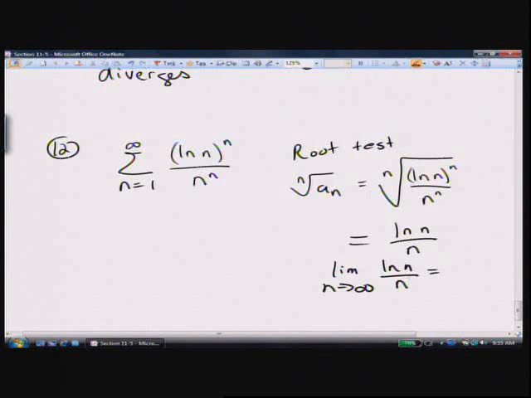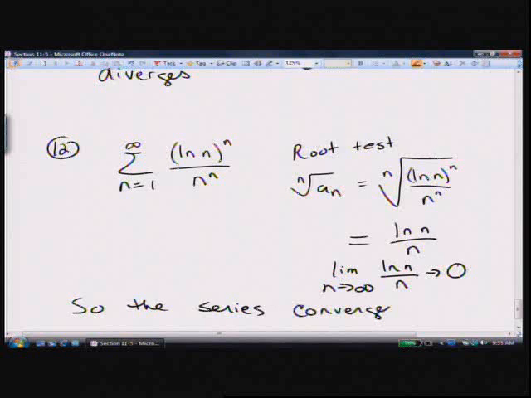And we proved that n to any power grew faster, or at least we talked about it. So that's going to go to 0. And so what does this series do? What, converges? Good. Okay.